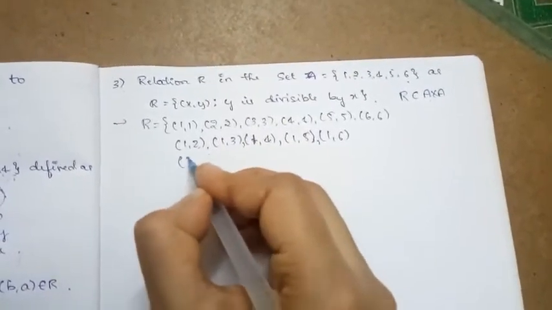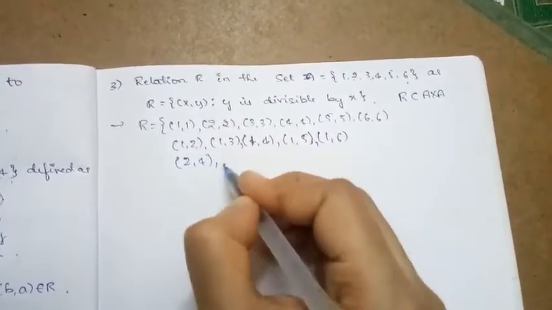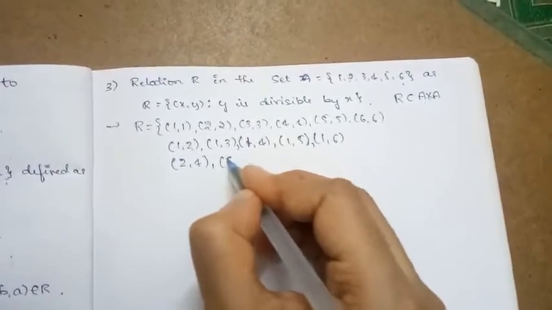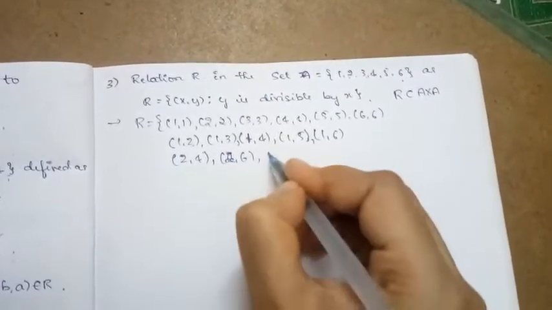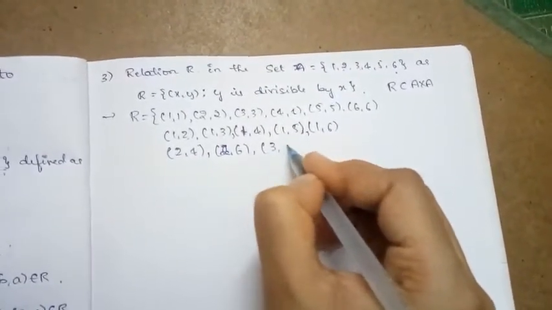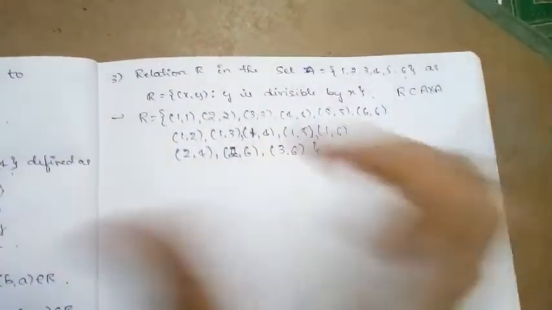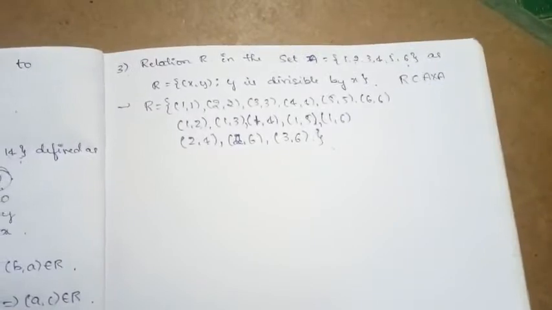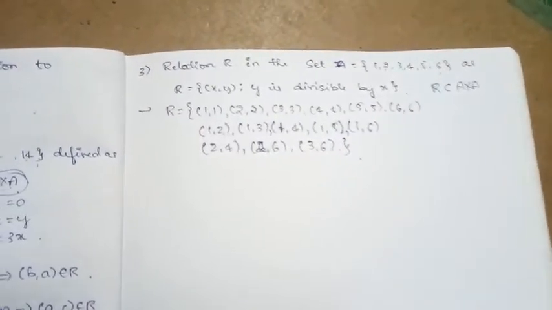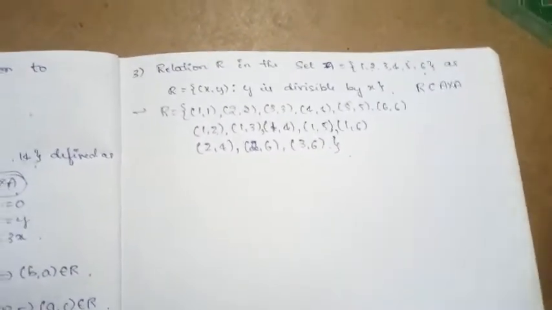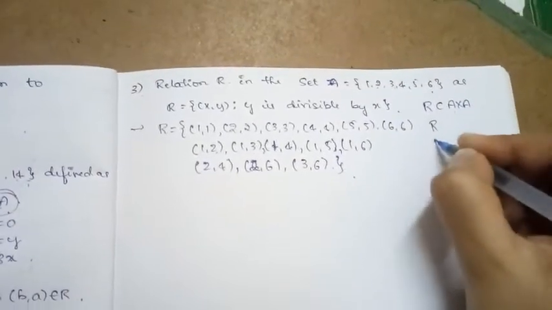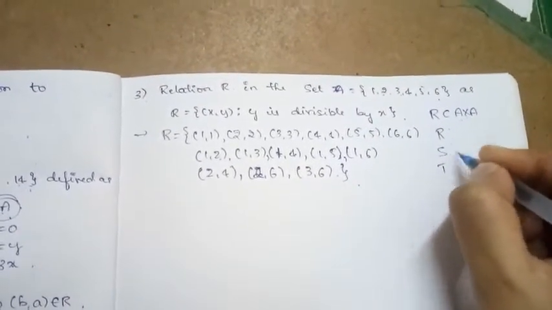Next, I can write 4 is divisible by 2, 6 is divisible by 2, and 6 is divisible by 3. So all these are the ordered pairs coming under this relation, that is, y is divisible by x. Now again we need to check for reflexive, symmetric and transitivity.